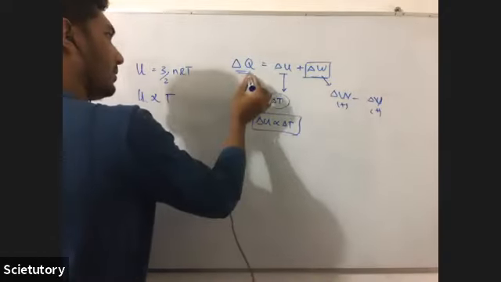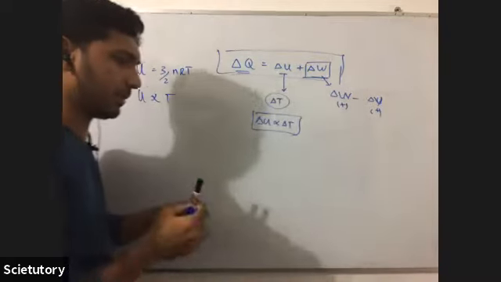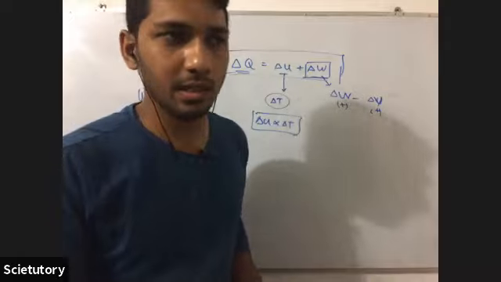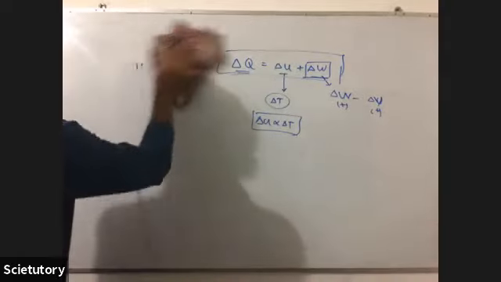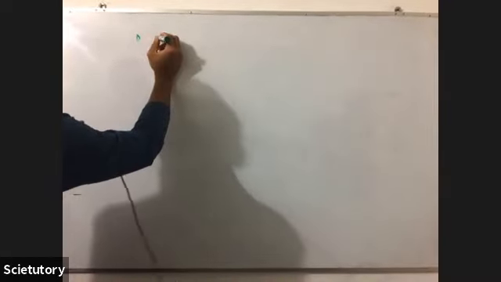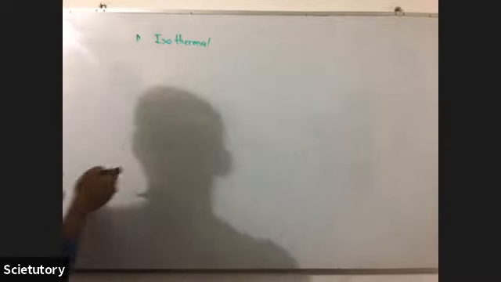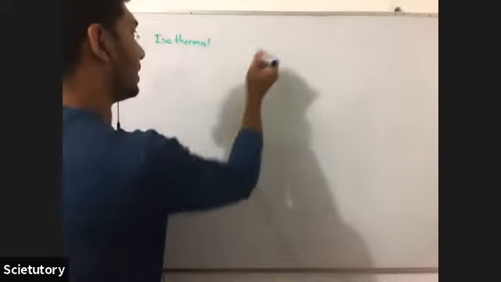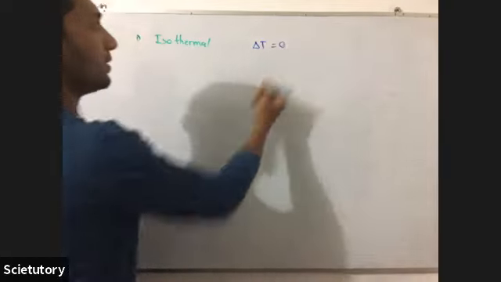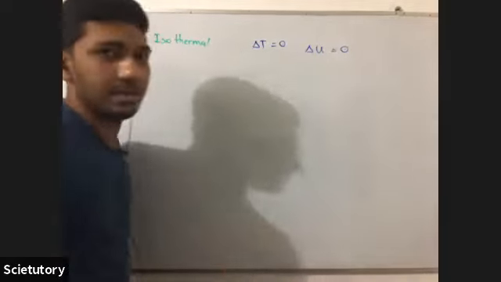You should be able to apply this equation in questions and also explain the processes. There are 4 types of processes that you should know. I will briefly explain. One is isothermal. In isothermal, the temperature change is 0, so the internal energy change is also 0.